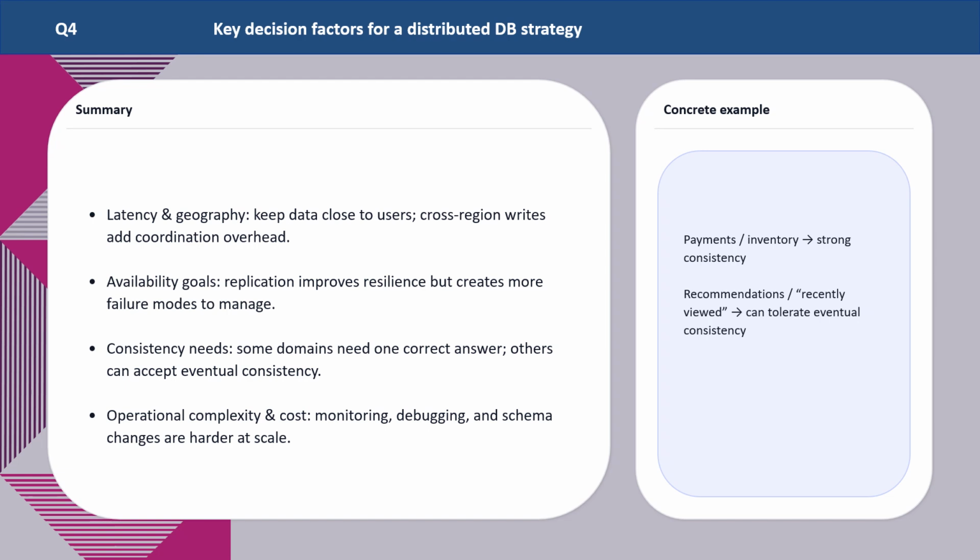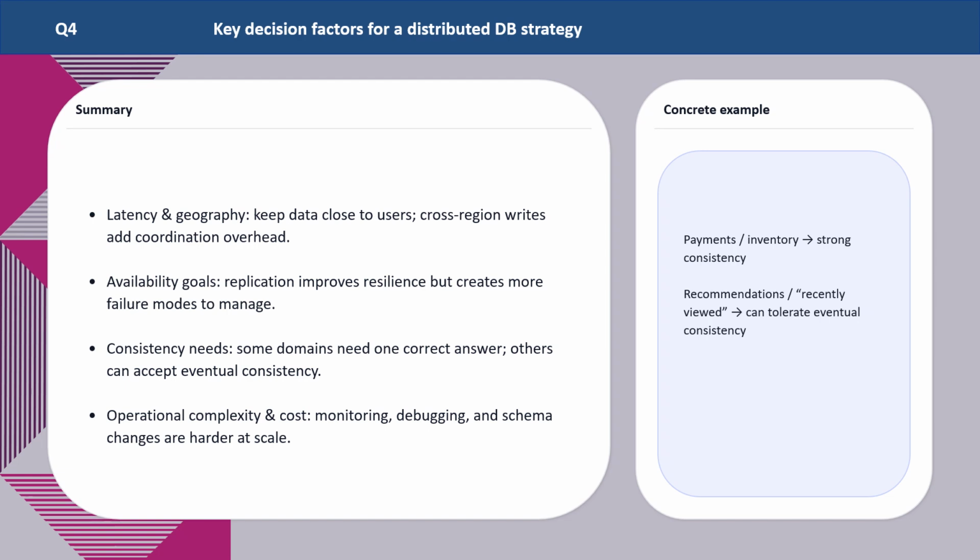Availability: replication helps you stay online if one location actually fails, but it also creates new issues like partial outages and tougher debugging. So consistency is also a key decision. Payment and inventory usually need one correct answer immediately.